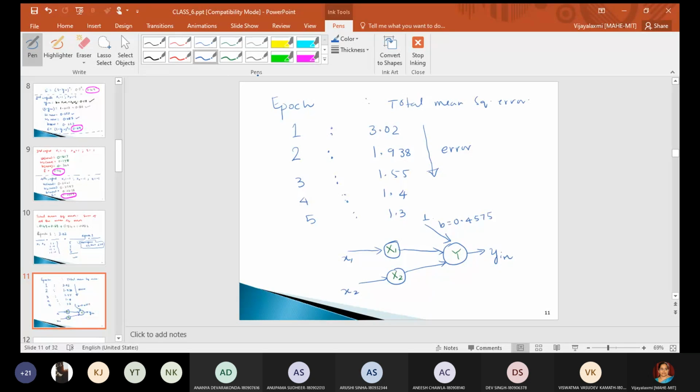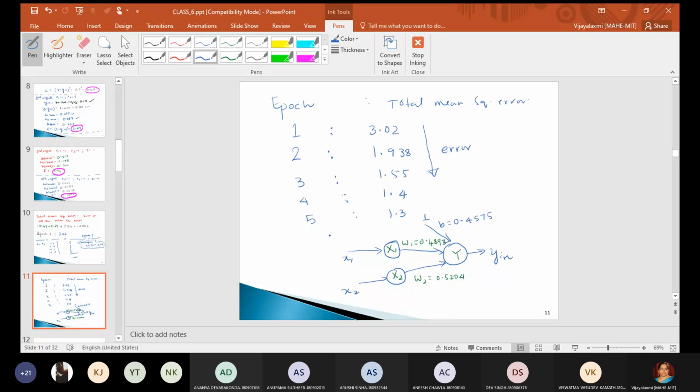The W1 final value is 0.4893. The W2 final value is 0.5204. So this is the final model after 5 iterations.